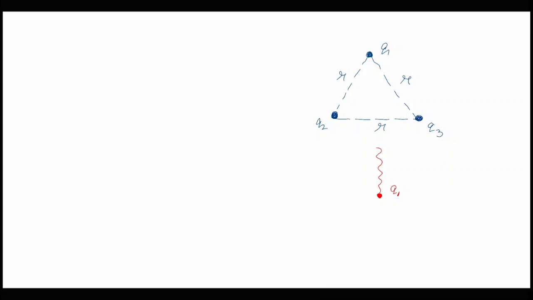Now if we bring another charge q2 from infinity, then due to the electric field produced by q1, there will be some work done, and hence potential energy is stored. I write the first one, U1, equal to k q1 q2 upon r.